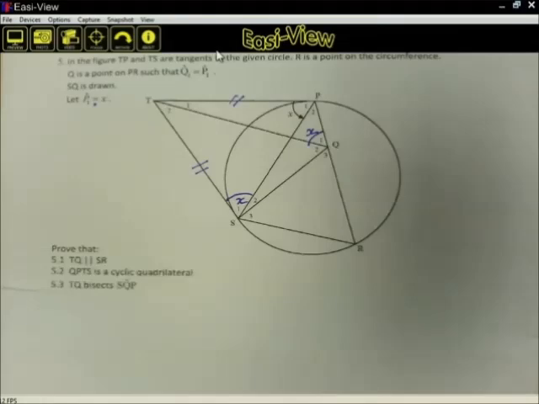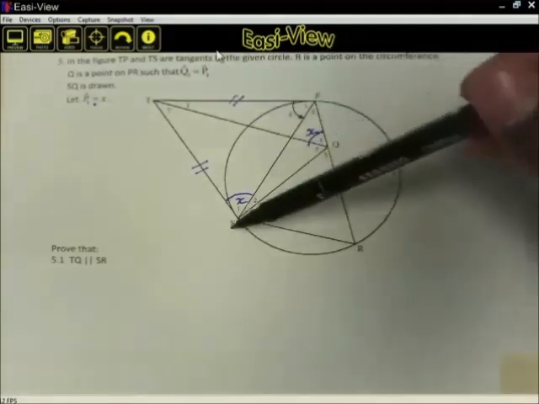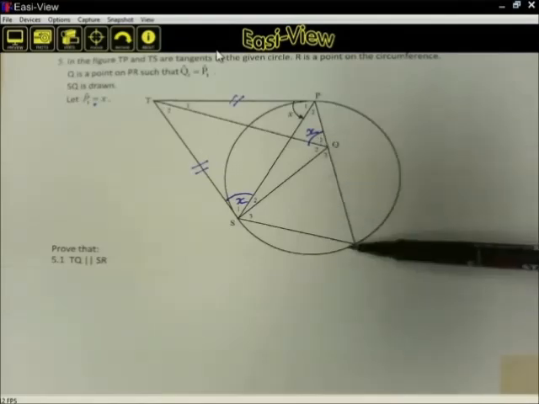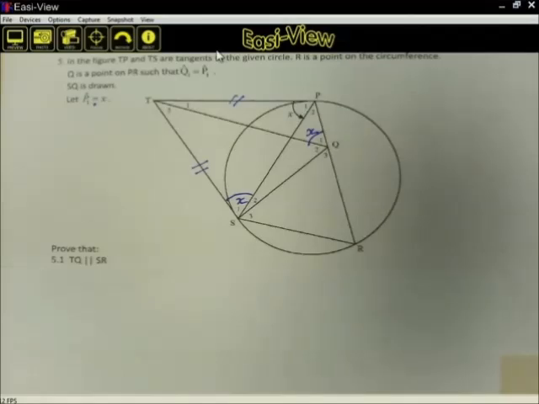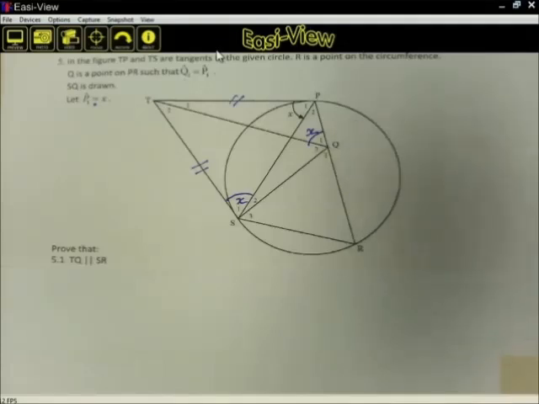Because we want to prove that, the question states, prove that TQ, here is TQ, is parallel to SR. We want to prove that. So for us to prove that, it's either the corresponding angles will be equal, or the alternate angles will be equal, or the co-interior angles will be supplementary. Angle R plus Q3 plus Q2 will give you 180 degrees.